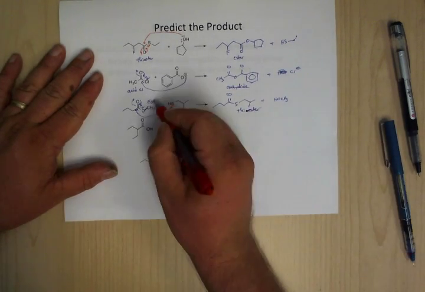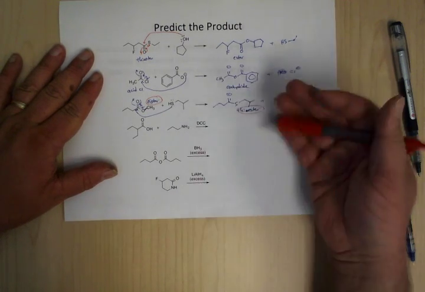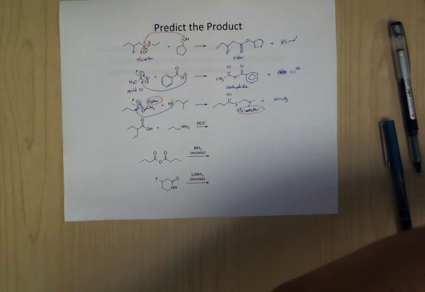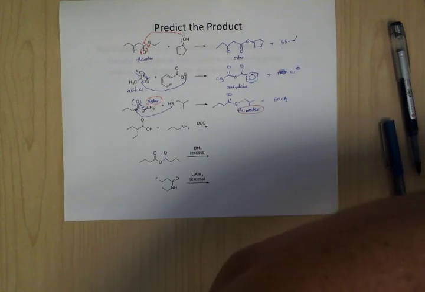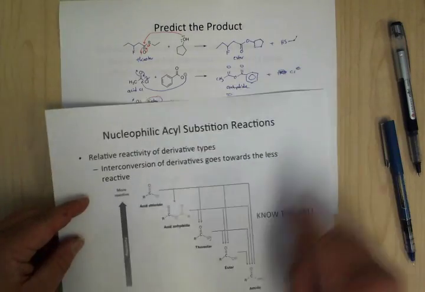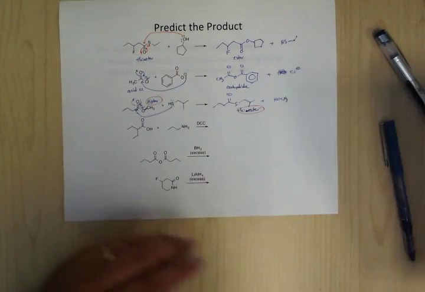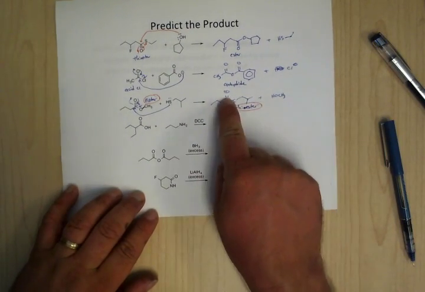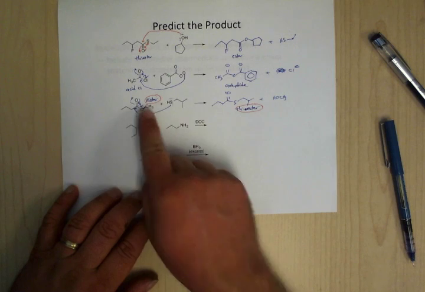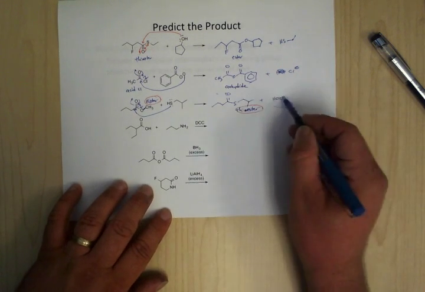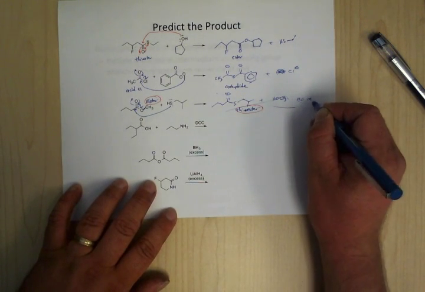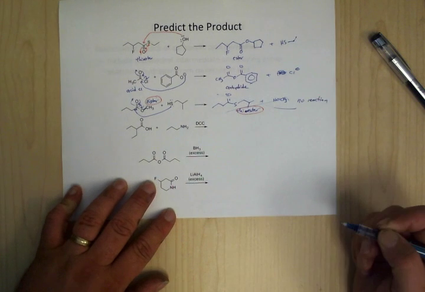Ester to thioester, that's going up the list. That's not allowed, because what would actually happen is as soon as this forms, this would come back and attack to reform this. So you just cross this out and say no reaction.